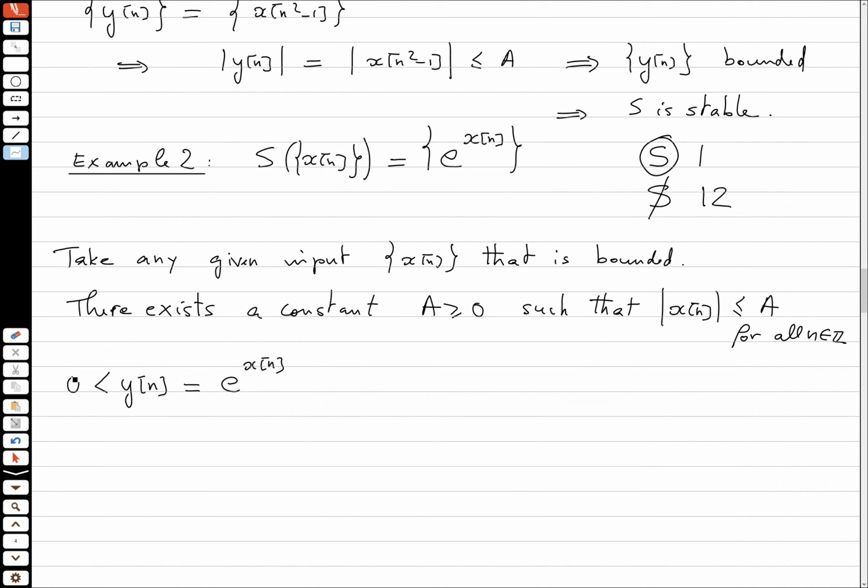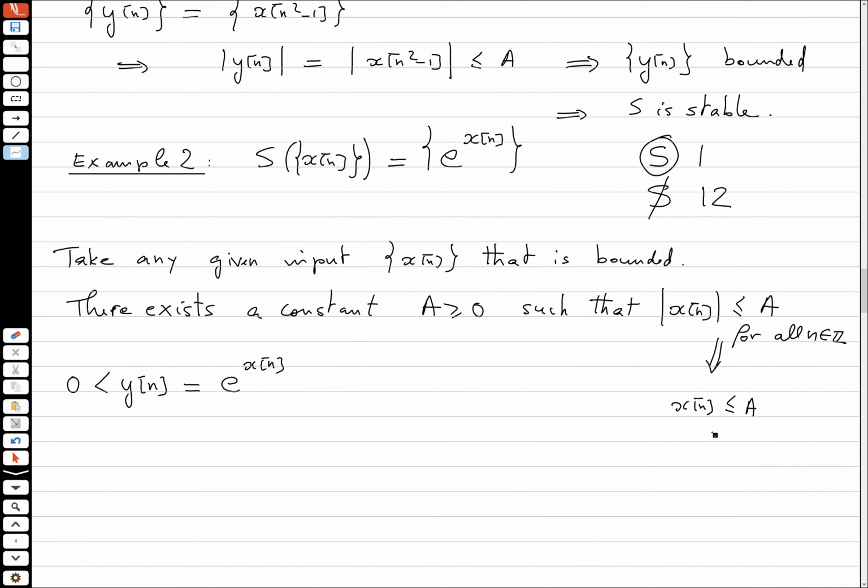But it could be large, that's the problem. But look, this implies in particular that x of n is less than a, because it's the upper bound, right? Now, did you know that the exponential is an increasing function?